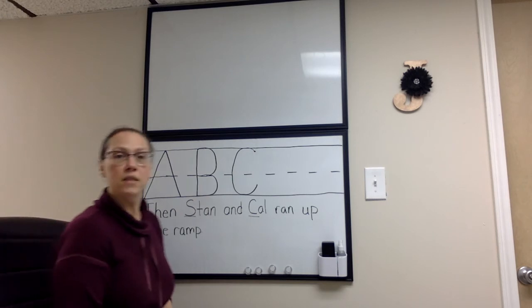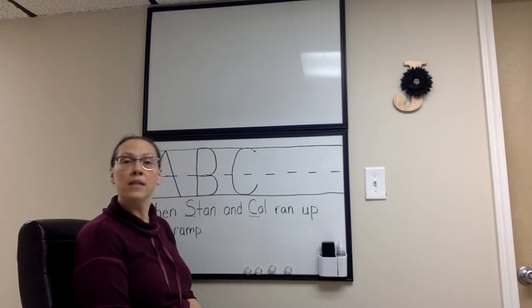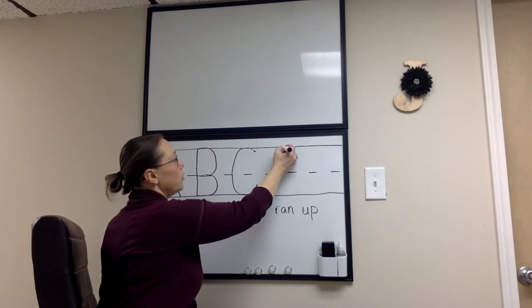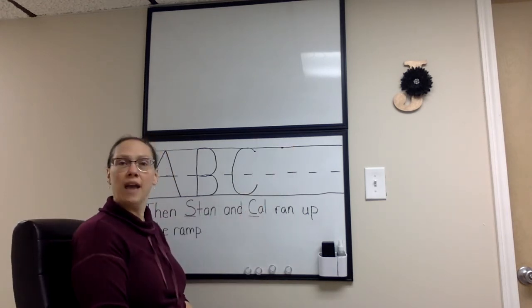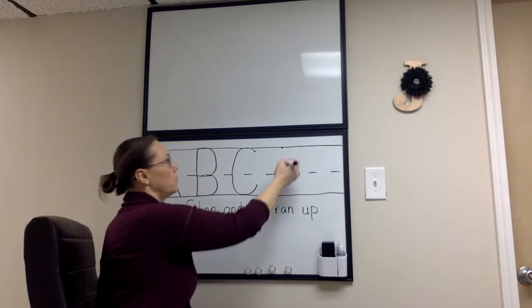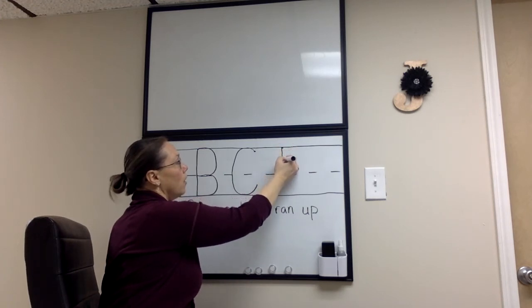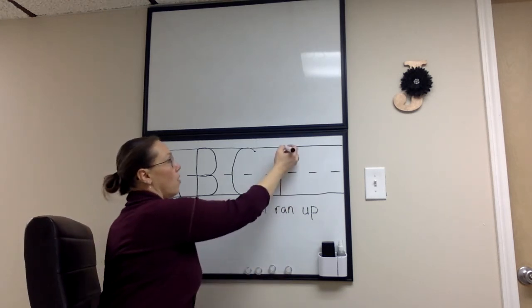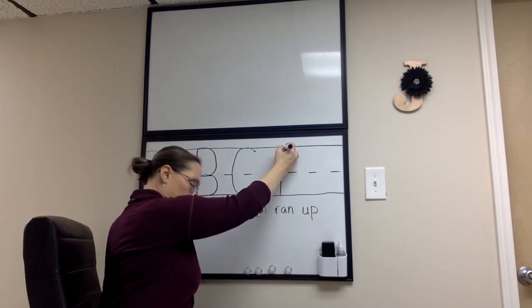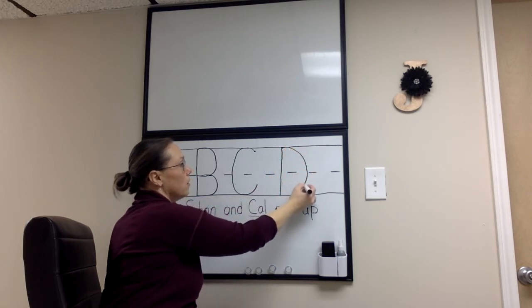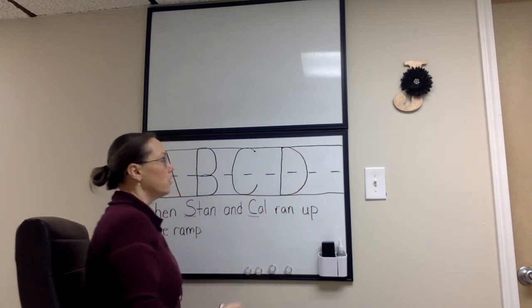And then our last capital or uppercase letter for today is D. D, too, will start at that top line and goes all the way down and takes up the whole lined space. Long line down. Then I go back up to my starting point, and it is half a circle to the right.